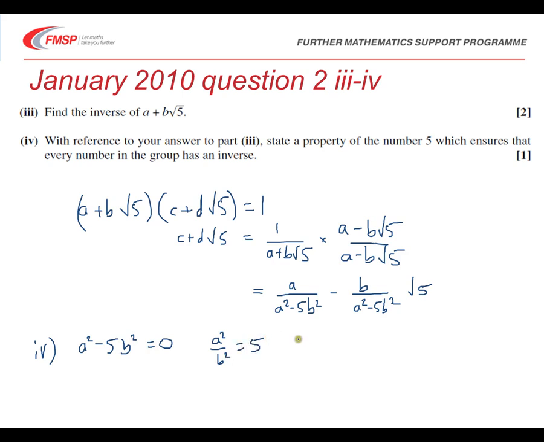So we've got a over b is equal to root 5, but that's not possible where these are rational numbers because root 5 is not rational. So that means we're never going to get 0 on the denominator here, and the inverse will always exist.